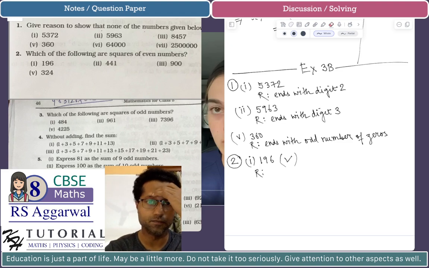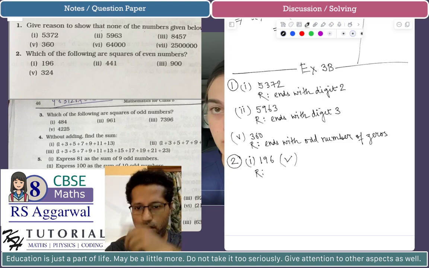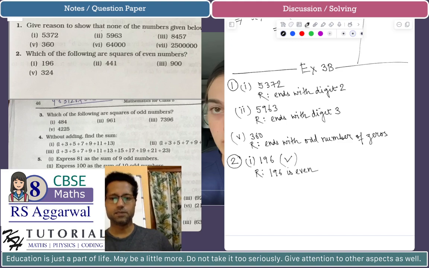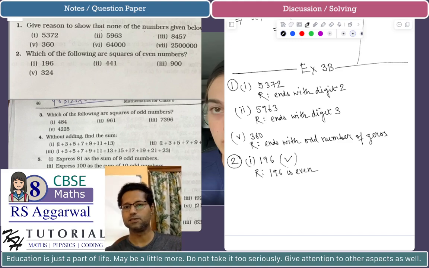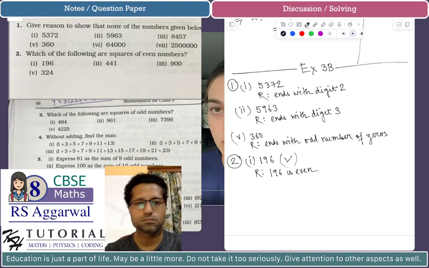Now it is asking which are squares of even numbers. The reason is 196 is even. So if 196 is even and it is a perfect square, then the number whose square is 196 also has to be an even number.